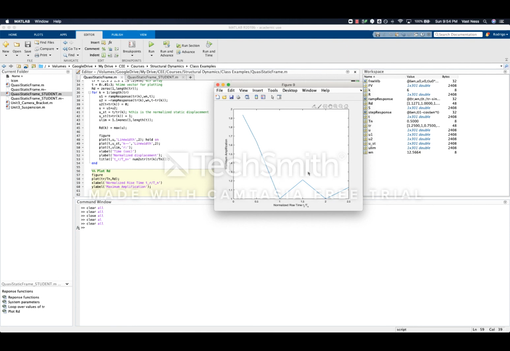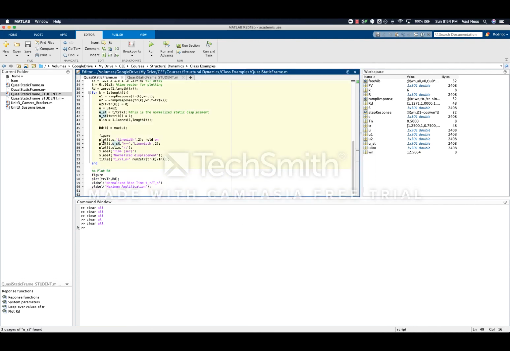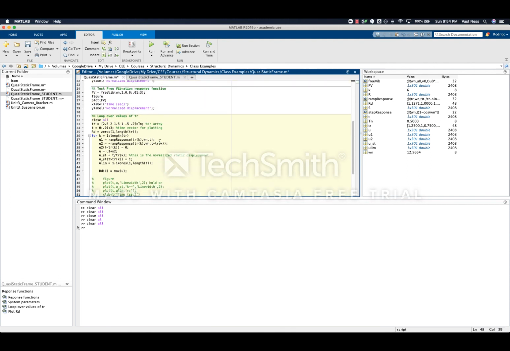Now, we can actually try to generate a much higher resolution plot, but to do that, I'm actually going to comment out the plot so we don't generate a ton of plots, and I'm going to set this to go from 0.1 in intervals of 0.2 all the way up to, let's go to 5.